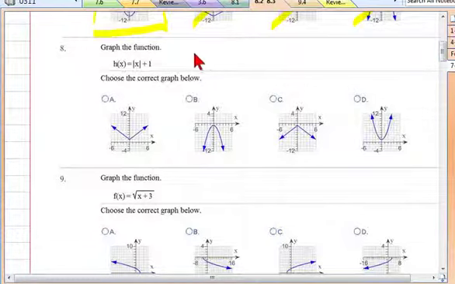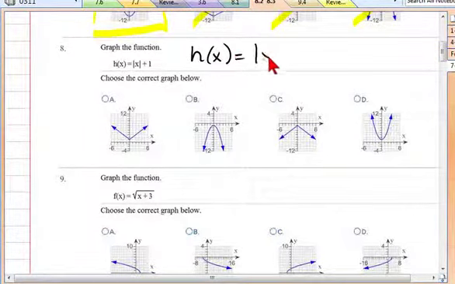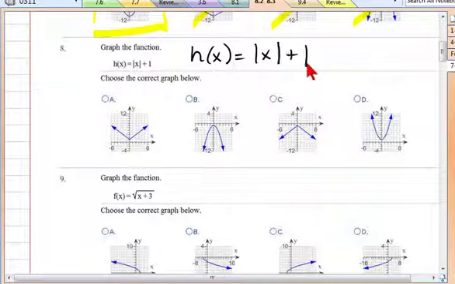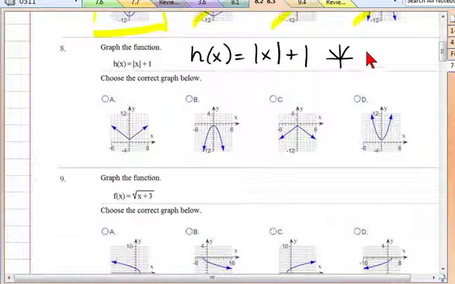Number 8 asks you to graph, and it changes to h. h of x is the absolute value of x plus 1. First thing, what is the shape of an absolute value function? It's a V shape. What does a plus 1 on the outside tell you to do? Go up 1 block.